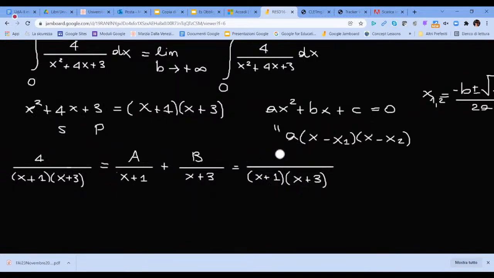and once we have found this, we should obtain something that equals 4.